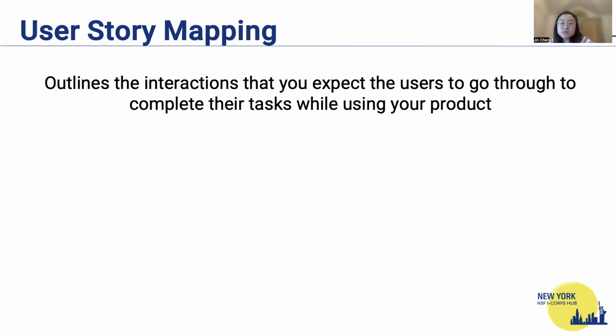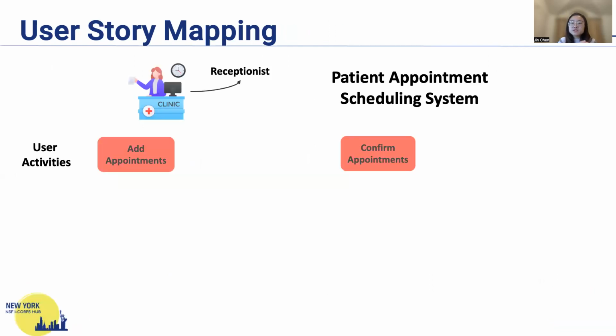This makes you think through some of the jobs that need to be done by your customers and helps you walk through the features and functionality needs from your end user's perspective. So let's consider this example: a front desk receptionist in a doctor's office, whose job is to schedule appointments with patients.